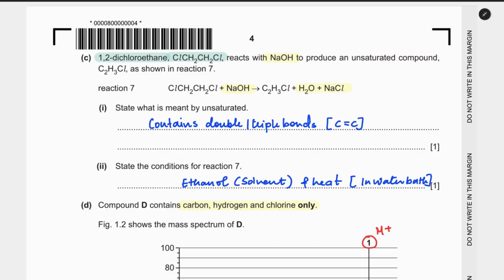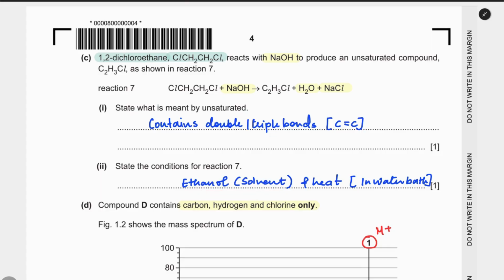State the condition for reaction 7. So reaction 7, what is the condition? As I told you, every reagent will bring a different condition. Over here, once we are getting the unsaturated compound from the halogenoalkane, we always take the condition as ethanolic, which is ethanol, which acts as a solvent.